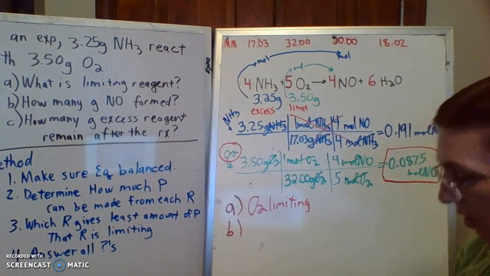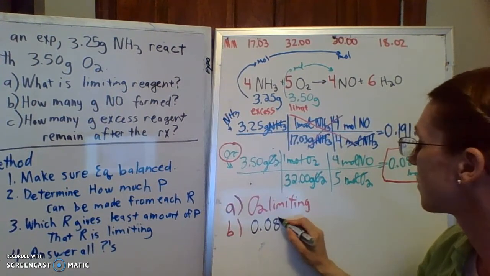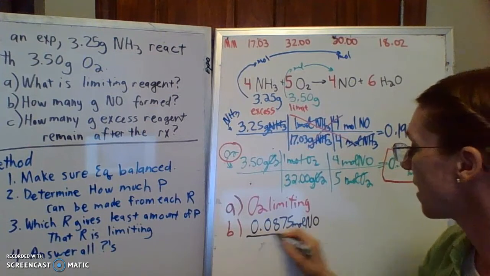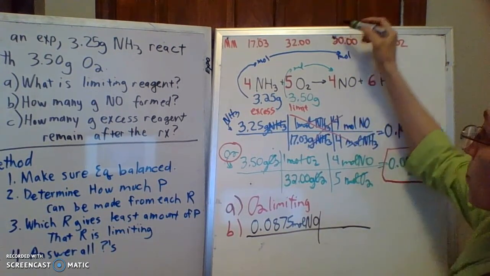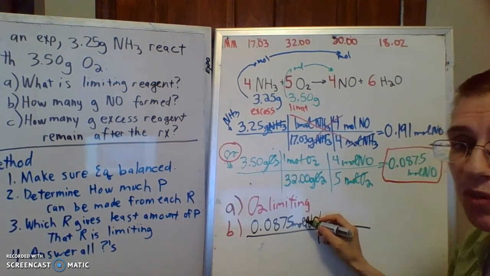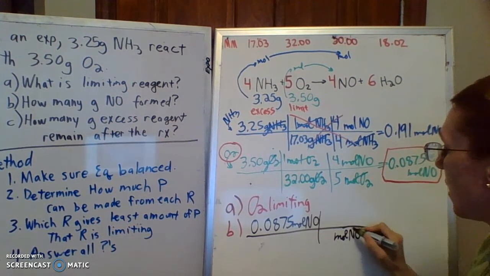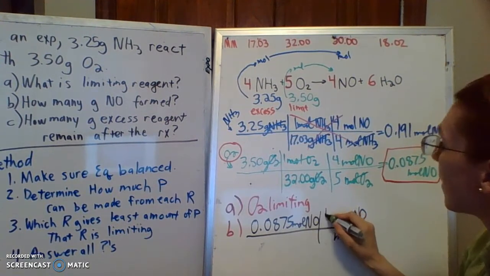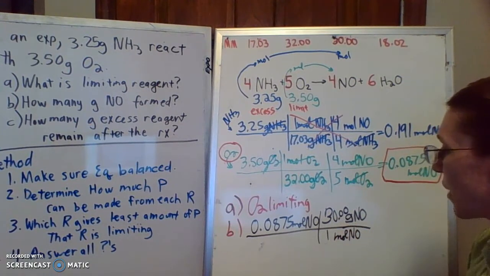So let's go ahead and start with that. Moles of NO. All we have to do is change it to grams. Grams to moles, moles to grams. We use molar mass. Molar mass is 30. Moles is in the top, so moles have to be in the bottom, cancel out. Moles of NO. We put the other thing on the other side of the line, grams of NO. And our number happens to be 30.00 grams per 1 mole.